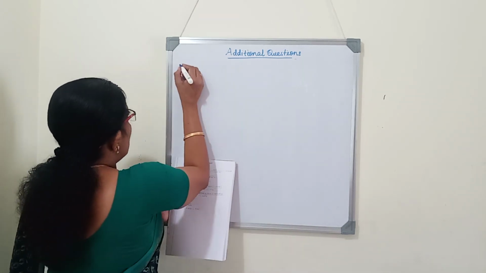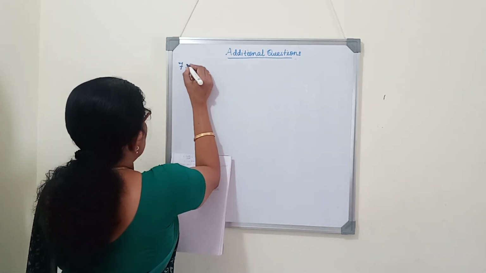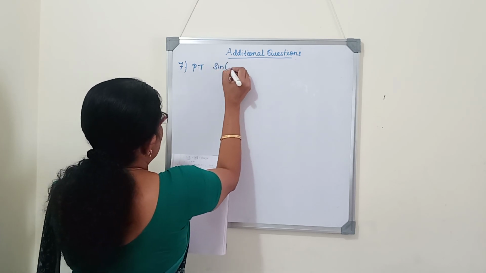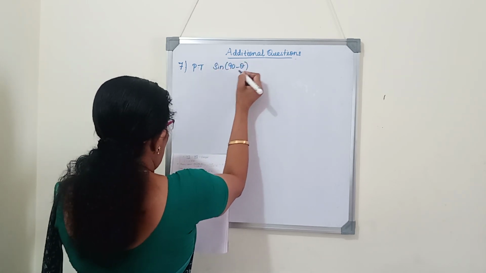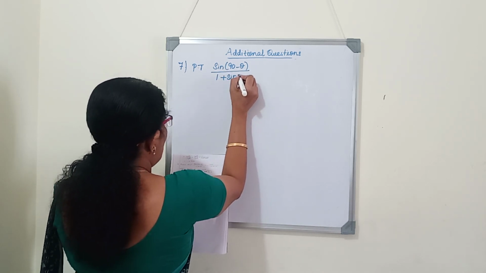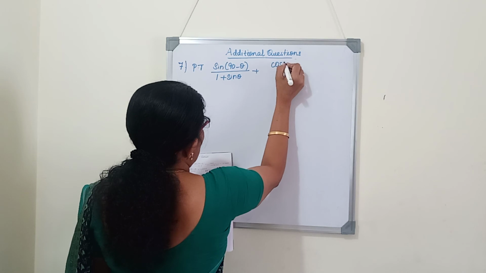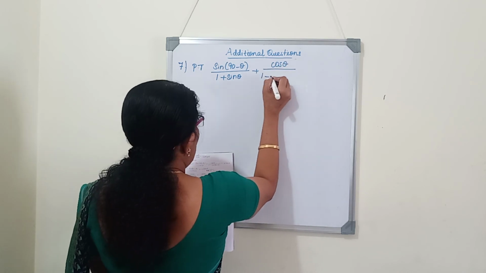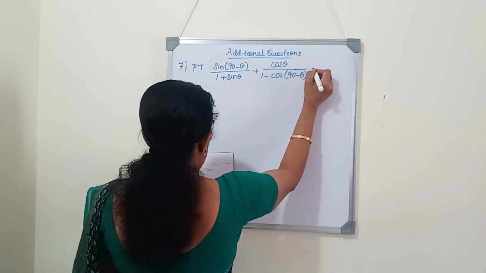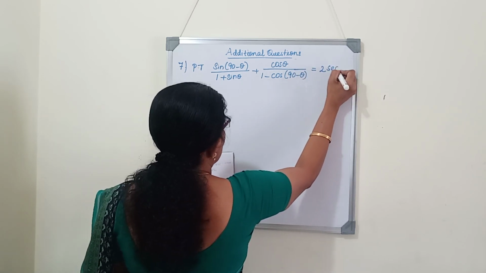Next question. Prove that sin 90 minus theta divided by 1 plus sin theta plus cos theta by 1 minus cos 90 minus theta is equal to 2 sec theta.